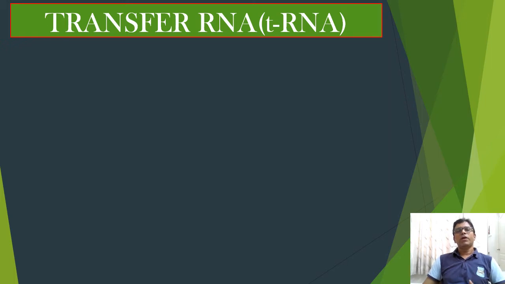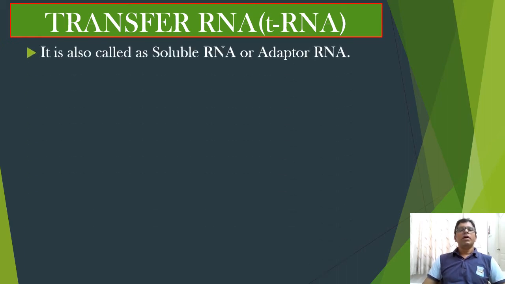Let us discuss the third type of RNA, that is transfer RNA or tRNA. It is also called soluble RNA, sRNA, or adapter RNA. rRNA is known as insoluble RNA, whereas tRNA is called soluble RNA.